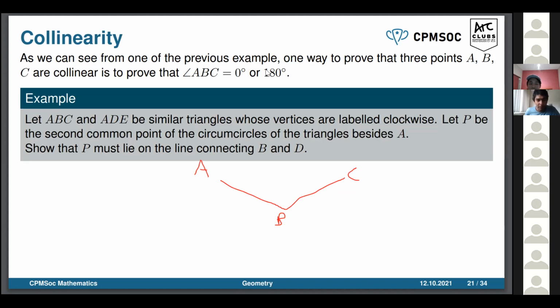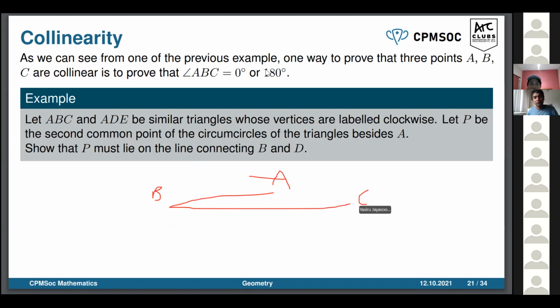But if you have a slightly different configuration, such as like this, you can in fact instead just prove it is 0 degrees. You can prove ABC is 0 degrees, such as in this picture. So they look almost collinear, but somehow you manage to prove this is actually 0 degrees, then A has to be on side BC.